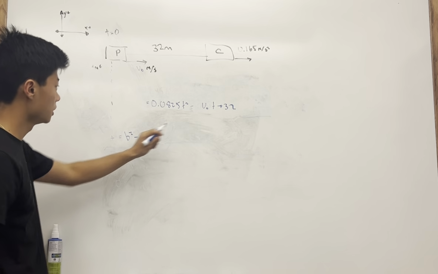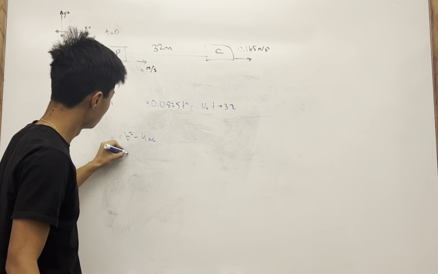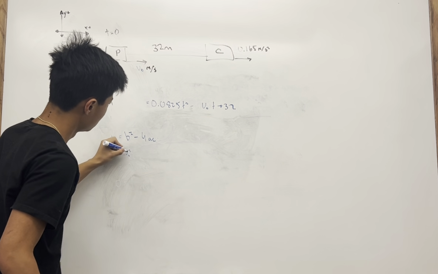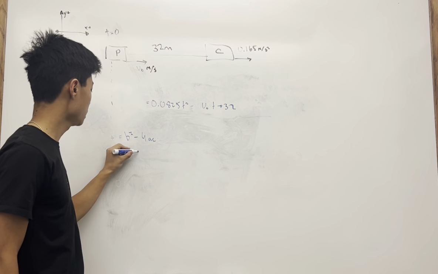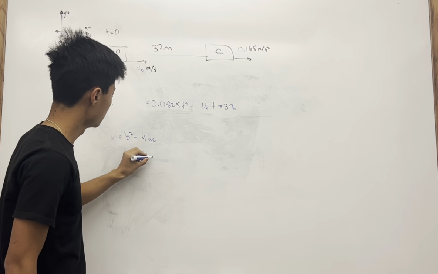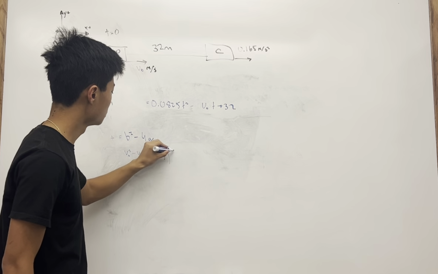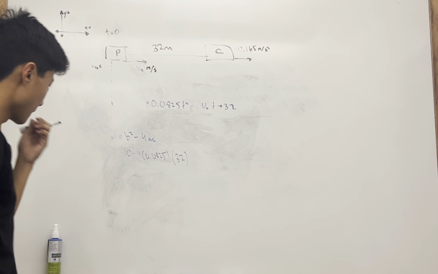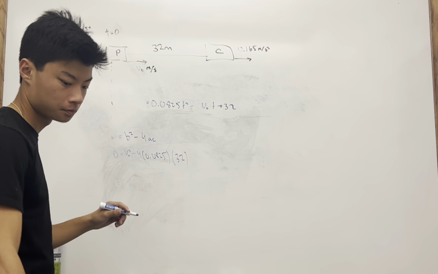So our b squared is going to be v0 squared. Our minus 4a is right here, and it's multiplied by c, which is 32. And this has to equal 0 because we only want one root.